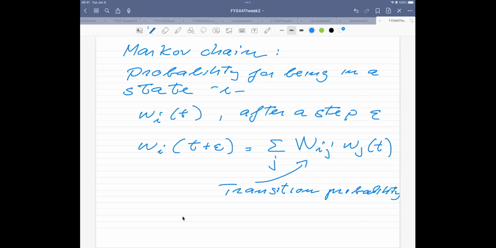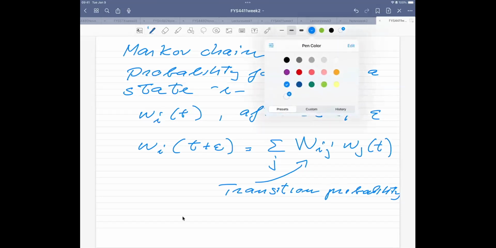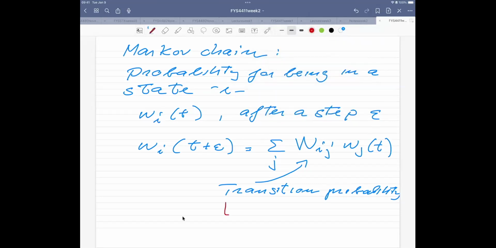So this is the basics of the Markov chain. And you see now that the new state depends only on the previous state. Now, this quantity here, and I'm going to mark this with red, is in general unknown. Unless you have a very simple case, like suppose now that you are jumping left and right in one dimension.